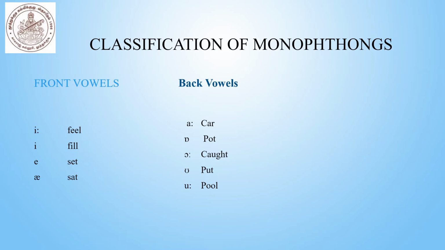Out of that, 3 have long sounds. The other 2 are short sounds. Central vowels: only 3 central vowels are there, and all the 3 have somewhat similar sounds. And the one in bird is a long vowel sound.